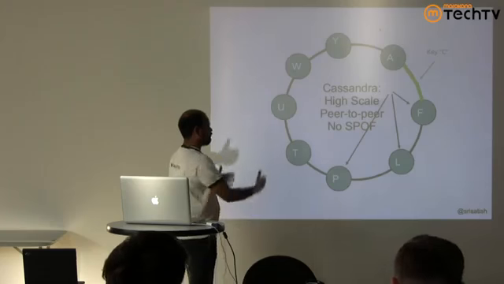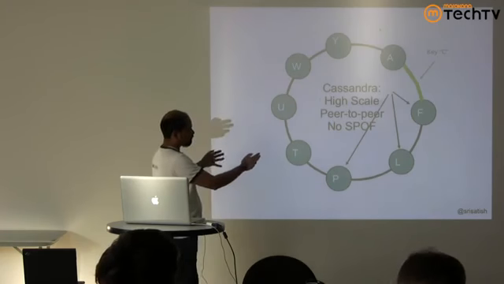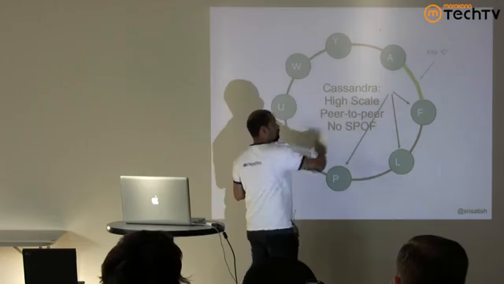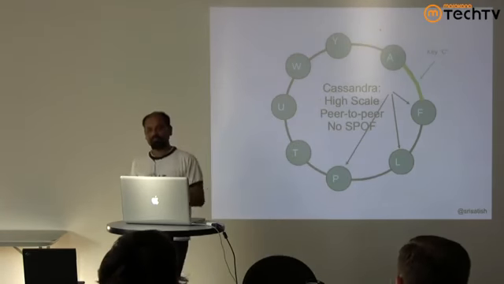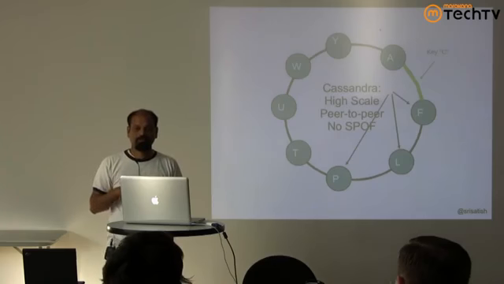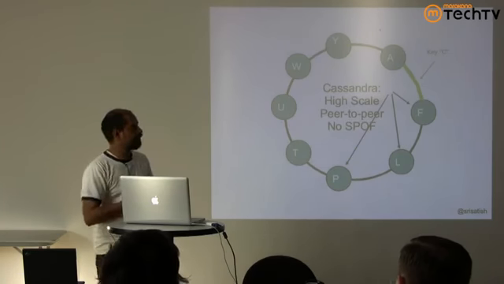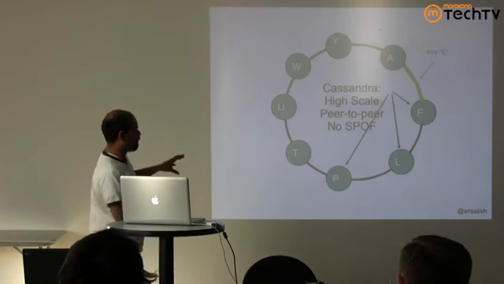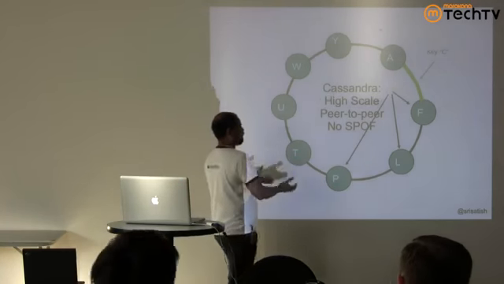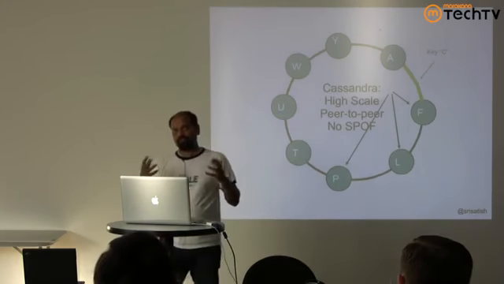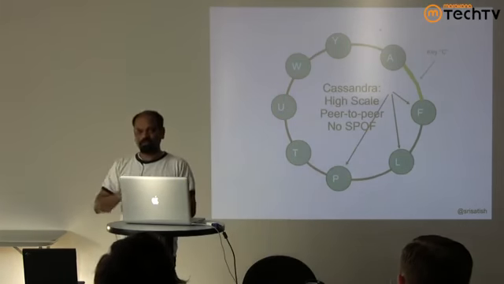Now, let's say one of these nodes is down or did not respond. It makes a note on the node, it leaves a hint there saying, replay this when that node comes back up, right? So it's tolerant to failure. It also has a lot of interesting nuances around how, if this node is out of sync with other nodes, it is handled. So that's one, how the replication works.